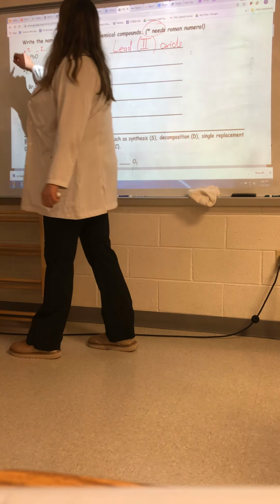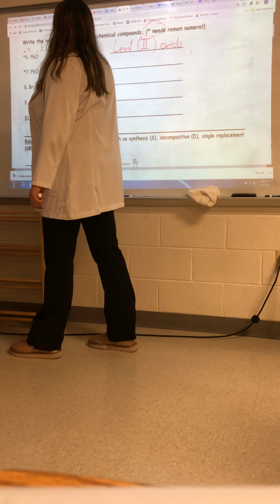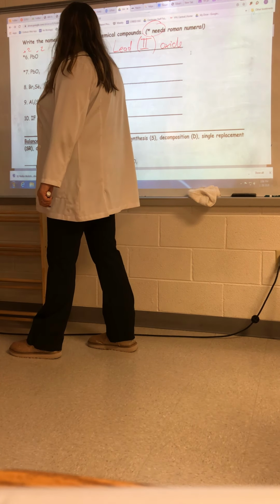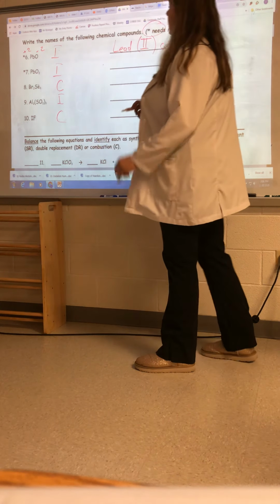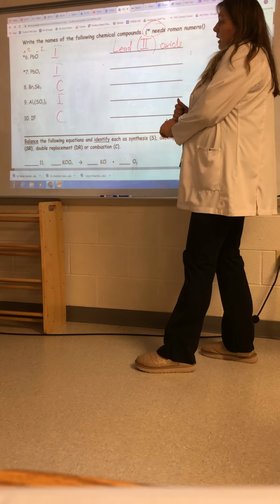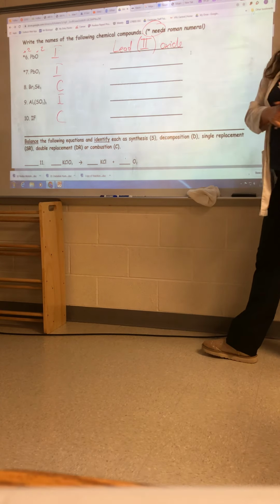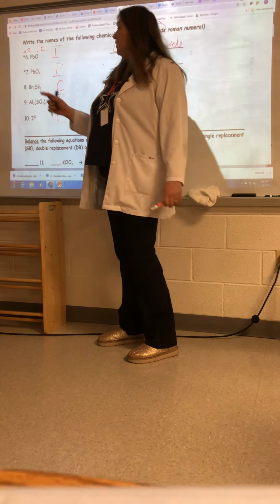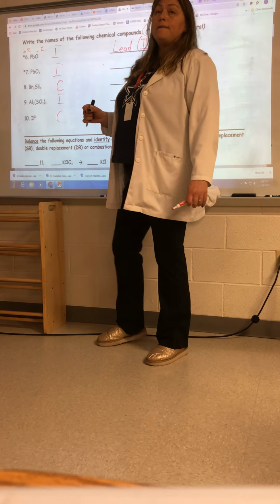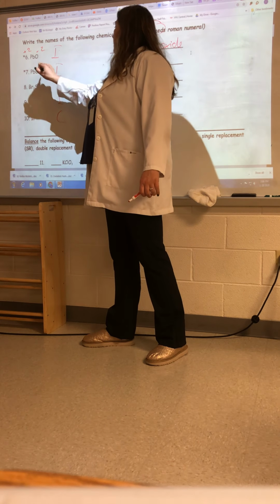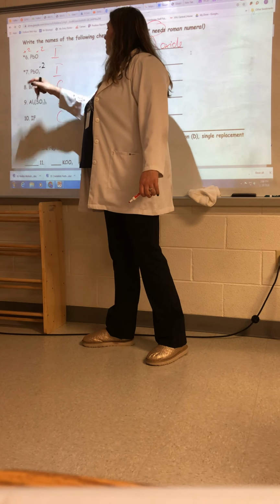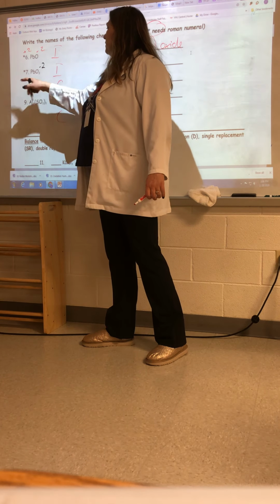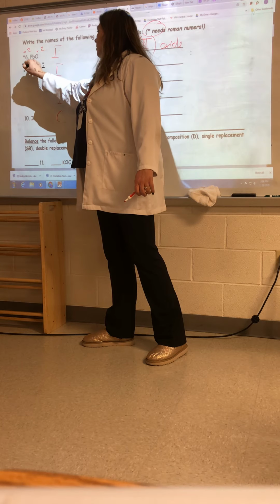Of course, this is going to be my ionic. This is ionic. This is covalent, ionic, covalent. The next one is another lead, another oxygen, but this time I have two oxygens, right? Richard, what is the charge of oxygen? -2. -2 times 2 is -4, and this is +4.